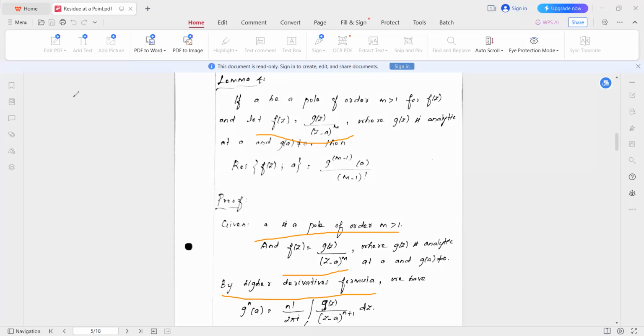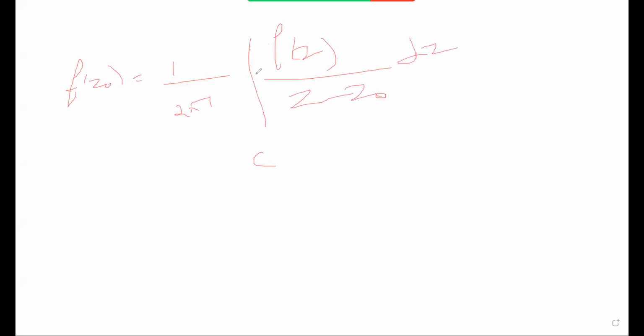Higher derivatives formula means, we know Cauchy's integral formula. What is Cauchy's integral formula? f of z naught is equal to 1 by 2 pi i integral over c of f of z divided by z minus z naught into dz.